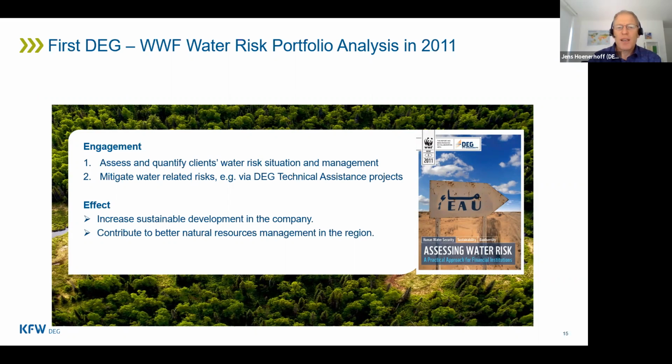We took about 500 locations of companies all around the world, and tried to have a checklist, basically, of which of those locations are exposed to higher water risk, and what mitigation measures we can take with those companies in order to mitigate those water risks. Especially as a development finance institution, we have these technical assistance projects and funds, which can help people to be better prepared for this kind of risks.